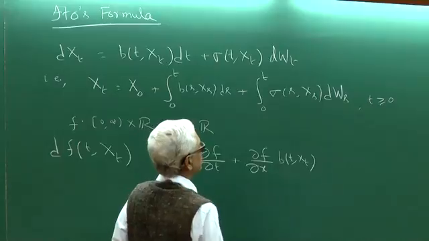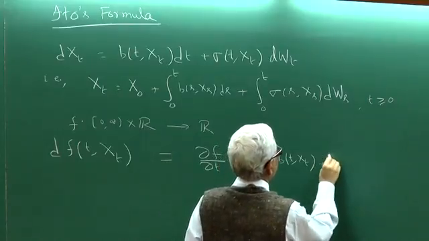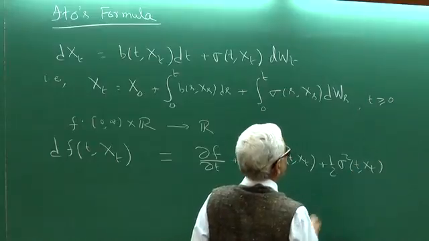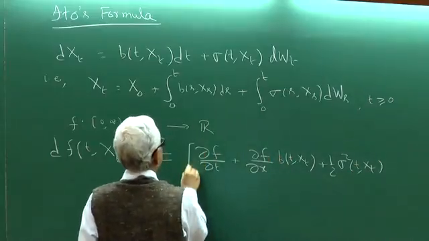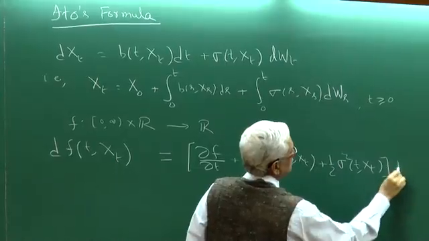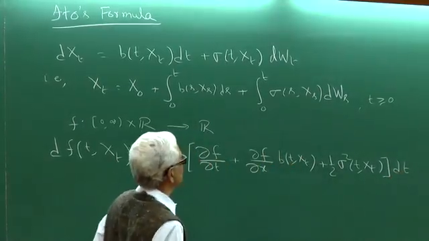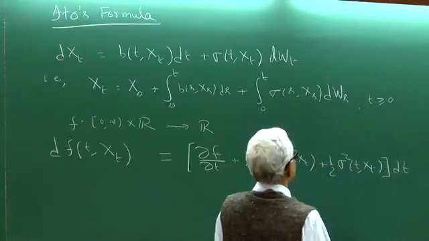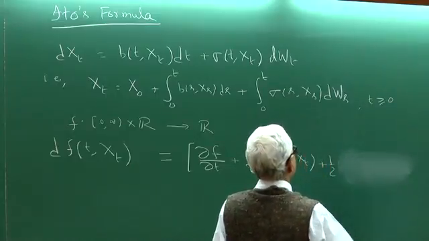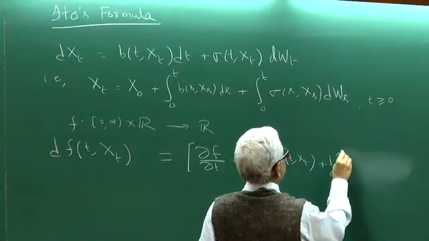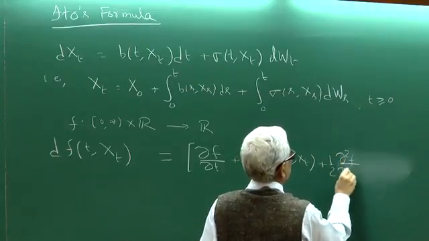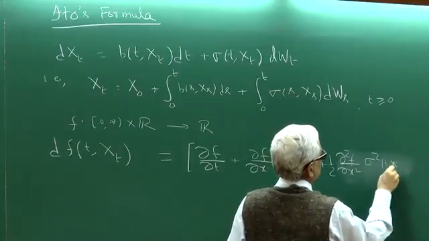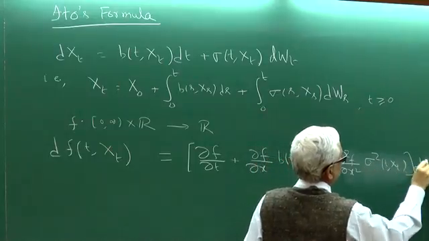These are all evaluated at x_t, plus half sigma square (t, x_t), all this dt, plus the stochastic term.